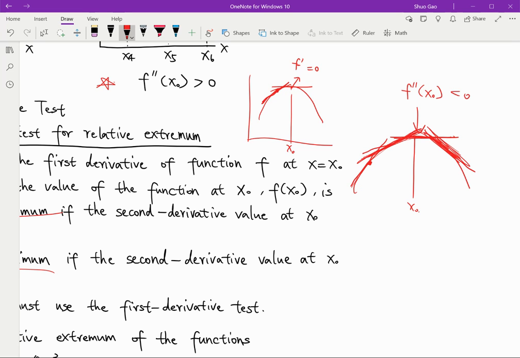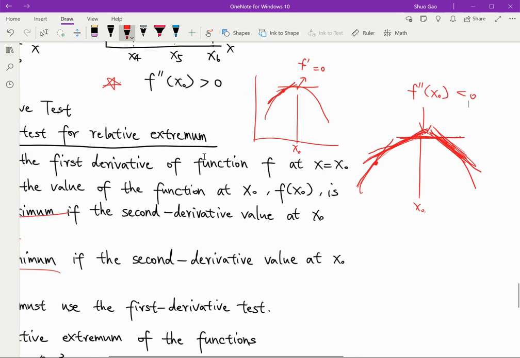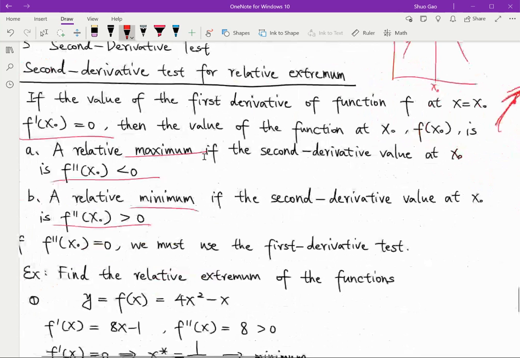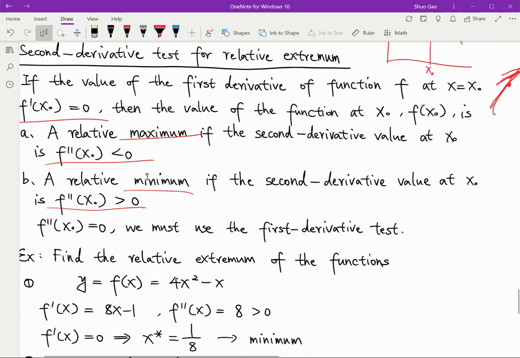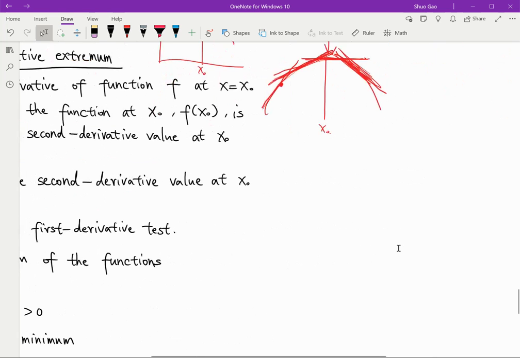So the second derivative should be negative at the point x0. That's why we have a relative maximum if the second derivative at this point is negative. Similarly, we have a relative minimum if the second derivative at the point x0 is positive.